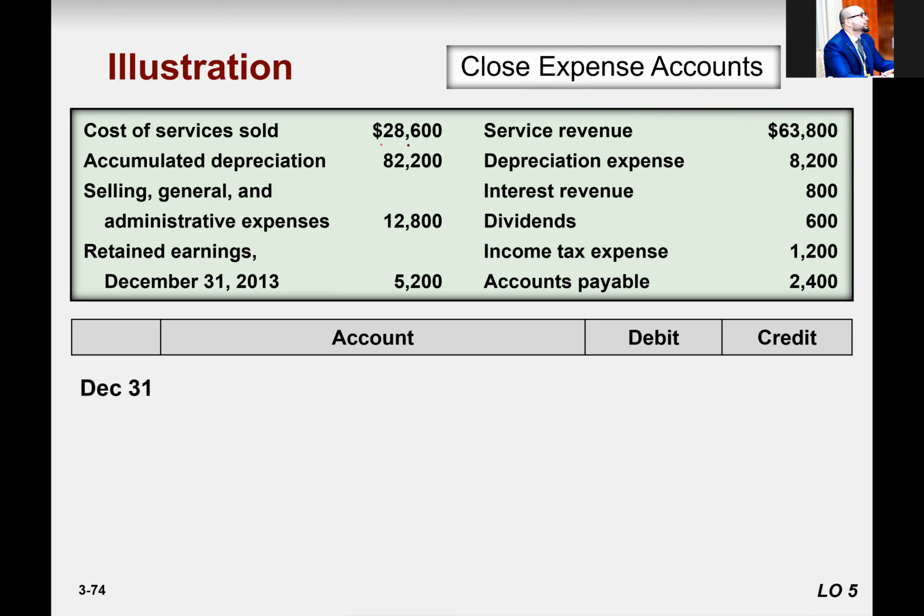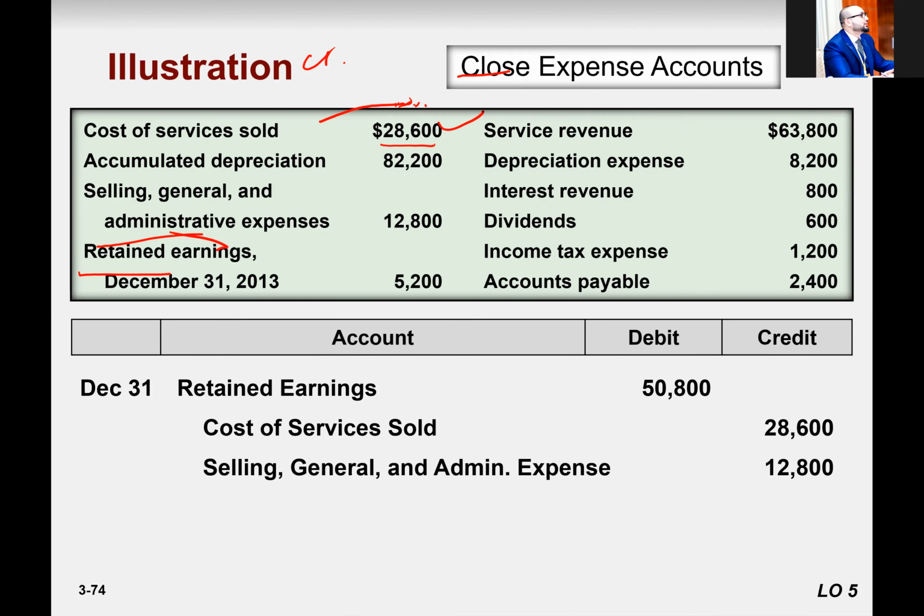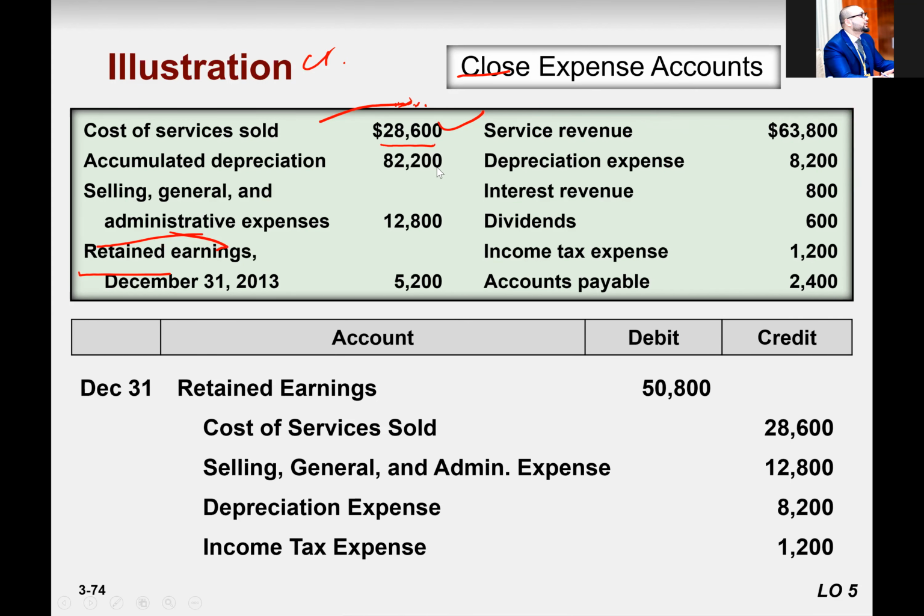The nature of the expense is debit. So if we want to close it, we make it credit. All the expenses we write down on the credit side, but against the debit side would be retained earnings. Cost of goods sold plus administrative, general and selling expense plus depreciation plus income tax expense. If you add all these, it would be 50,800.